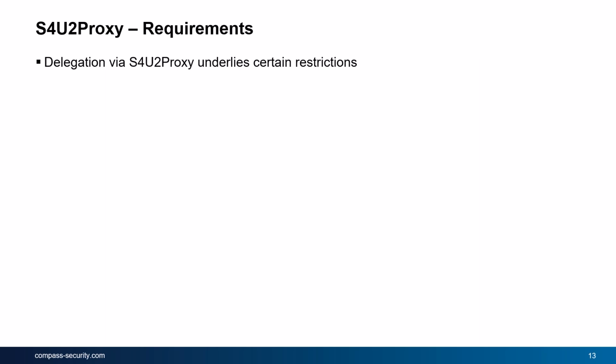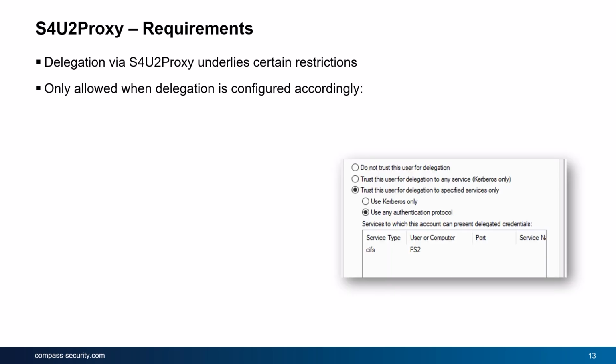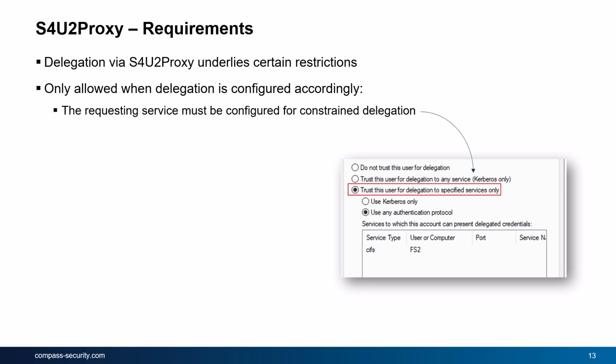So for a service to use S4U2Proxy, certain conditions must be fulfilled. First of all, this only works, of course, if the service that invokes S4U2Proxy is configured accordingly for delegation. That means the option "trust this computer for delegation to specified services only" is enabled, either with Kerberos only or with the protocol transition mode.